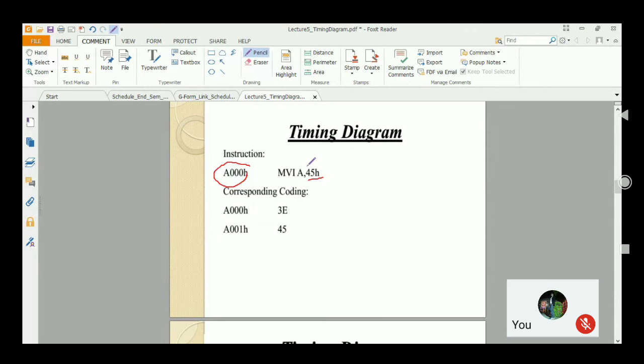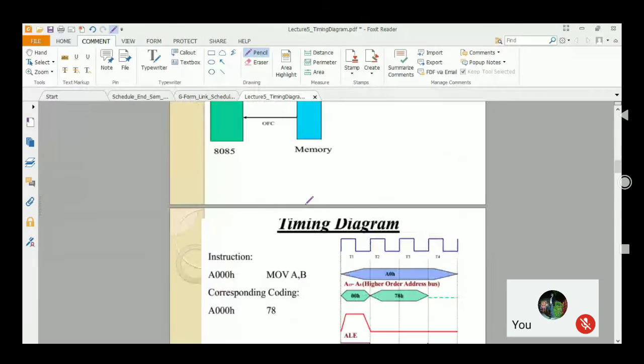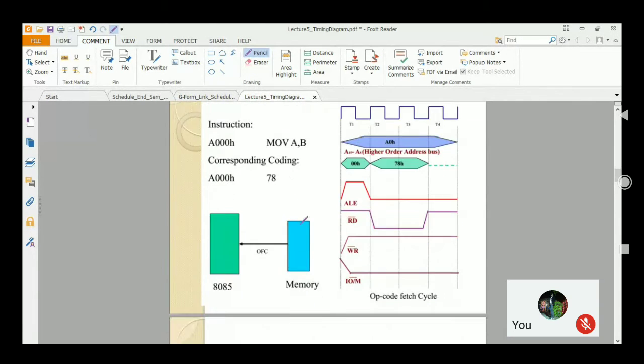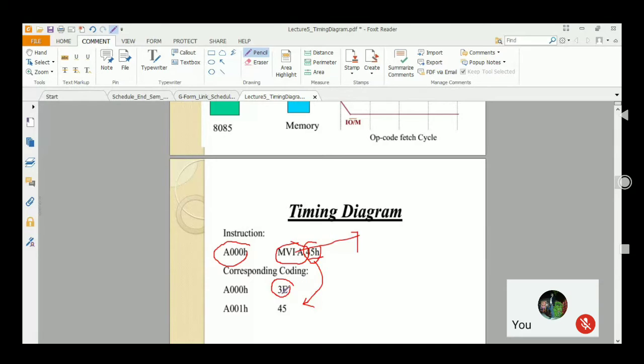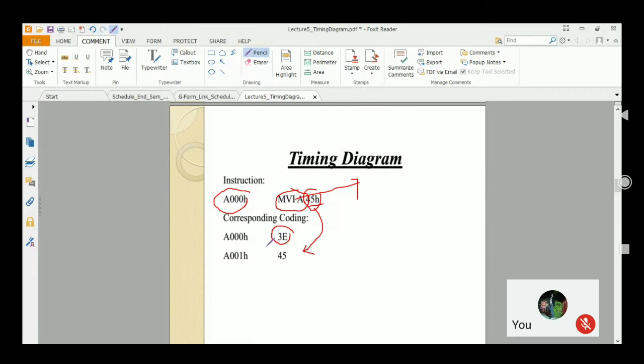First, for this MVI A, go to the corresponding book at the back and check; the corresponding code is 3E, and this number will be assigned as 45. So first it was only a 1 byte instruction, and this is nothing but a second byte, because I need this address line as well to load this.